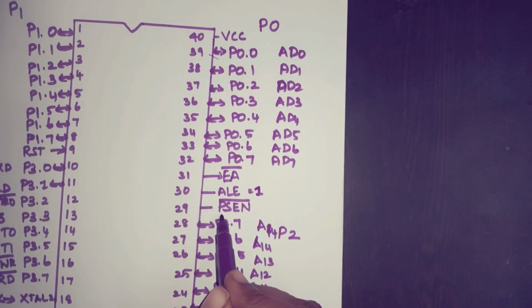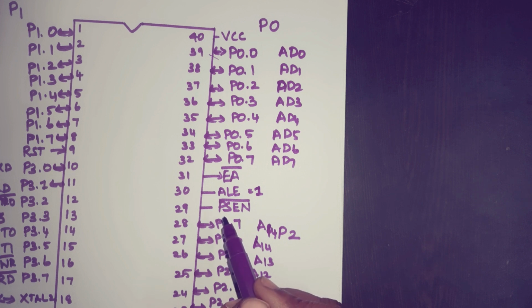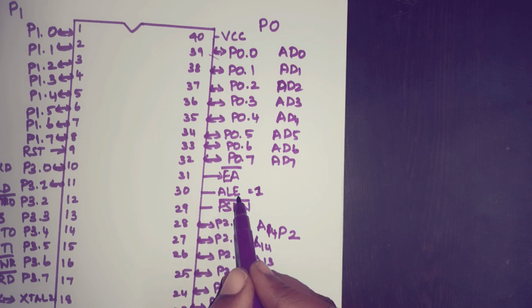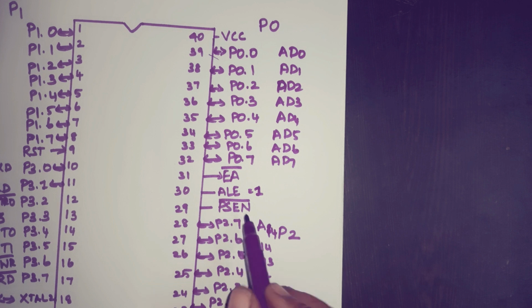And the last one is program store enable. It is an active low output pin. It is used when we use external program memory to store the code. If the microcontroller wants to read the code from the external memory, we need this program store enable output pin.